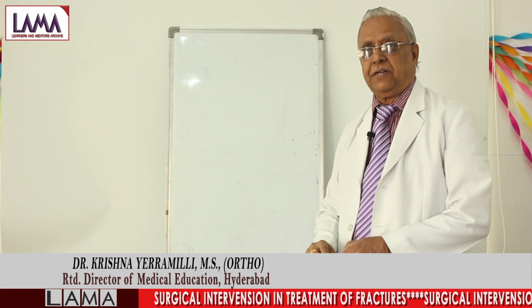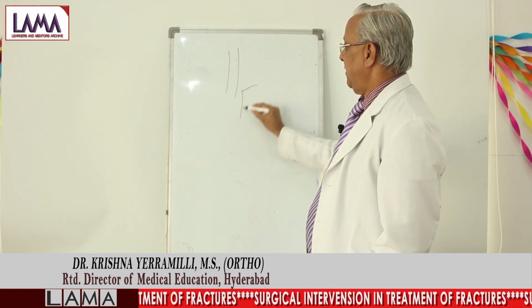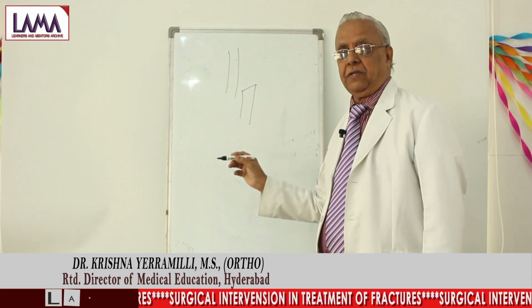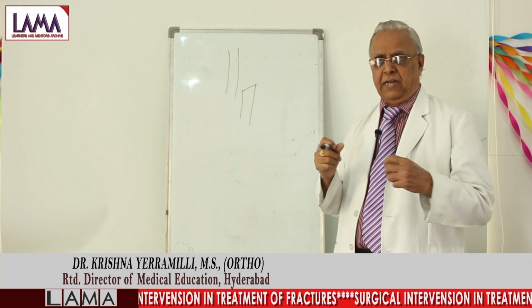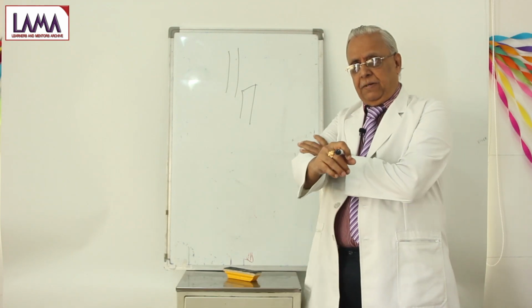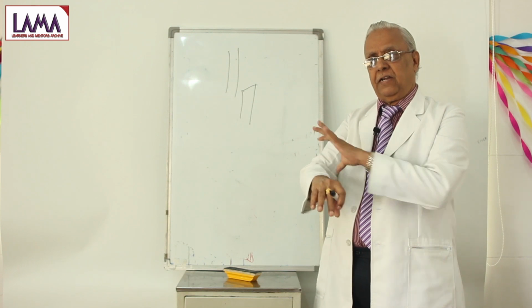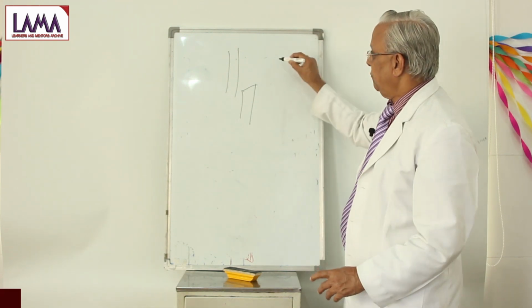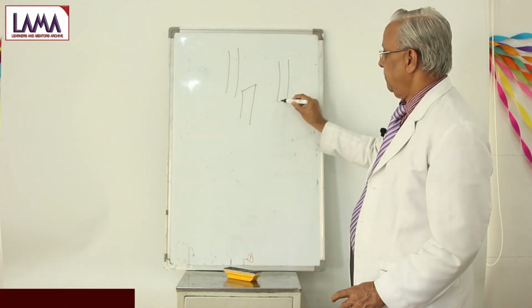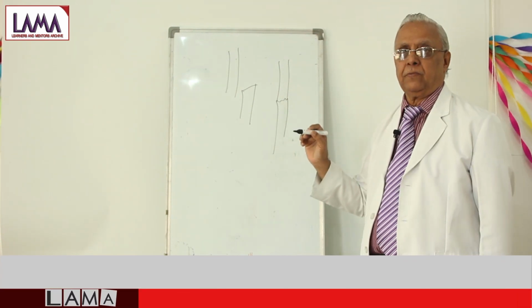Manipulative reduction, as the name suggests: suppose the fragments are displaced here, by pulling and pushing, which we call traction and counter traction, that is, one side somebody pulls and the other side does this. With this traction and counter traction, these two fragments will come into position.